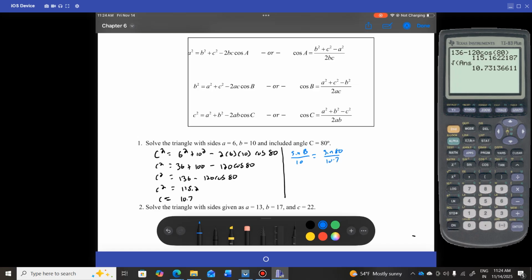So sine of B is 10 sine 80 over 10.7. Oops, I forgot the inverse. B is inverse sine of 10 sine 80 over 10.7.